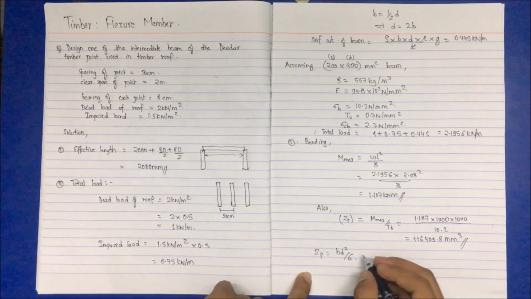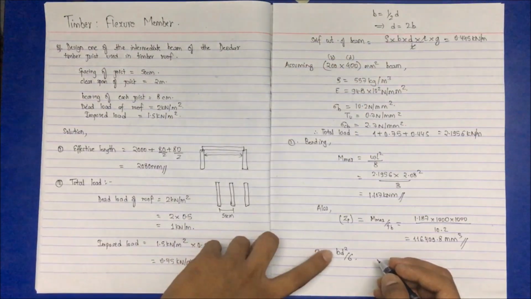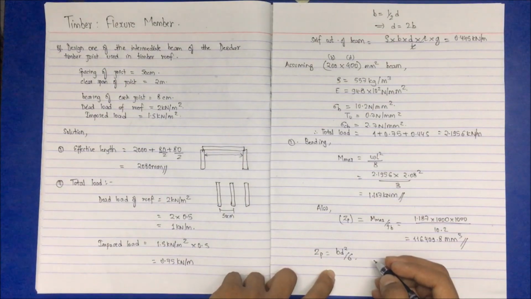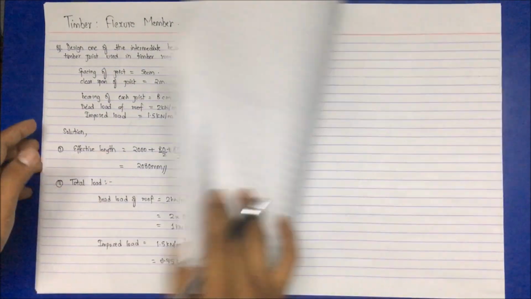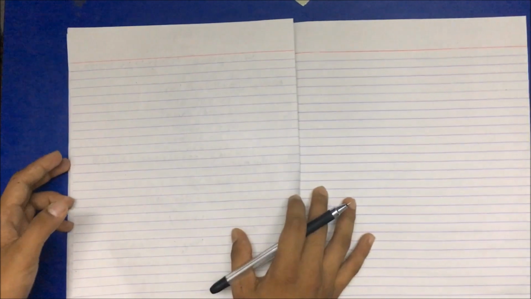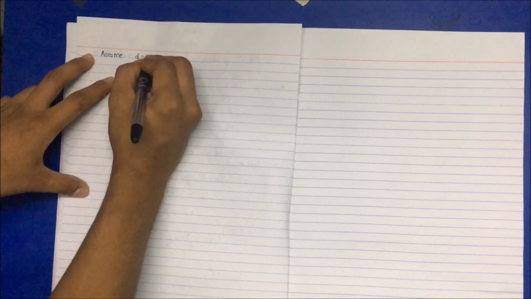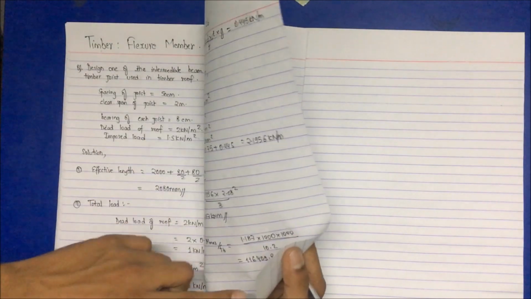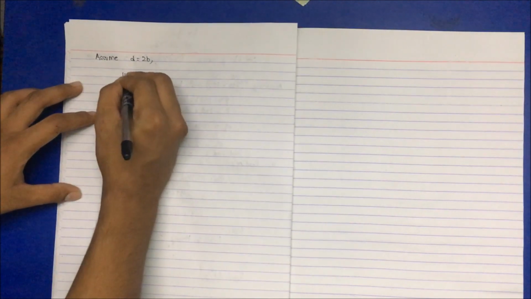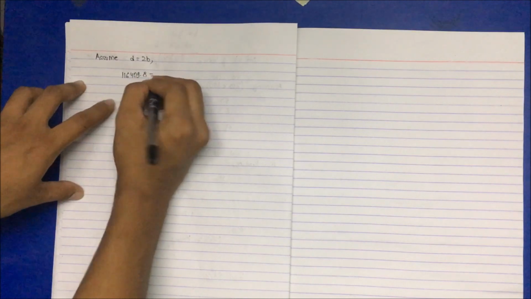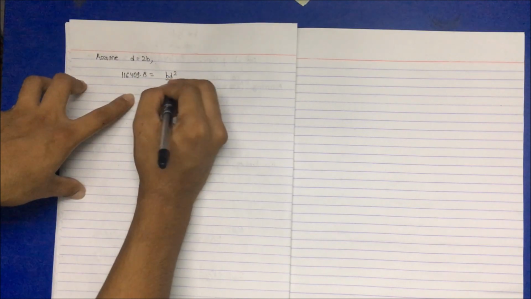Now with section modulus ZP, we know the formula is BD square by 6. Then we know our assumption of B and D. Okay, this was the assumption. Now we will find the value of B and D from this. Assume D is equal to 2B, then the section modulus value is 116,409.8 equal to BD square by 6.